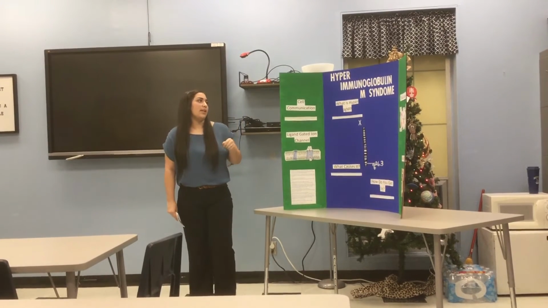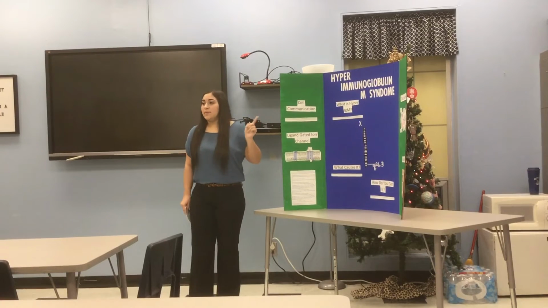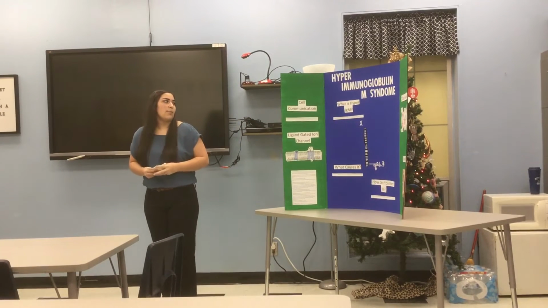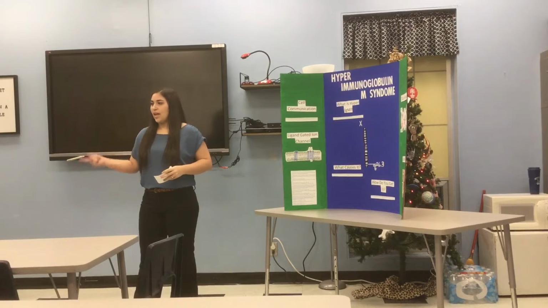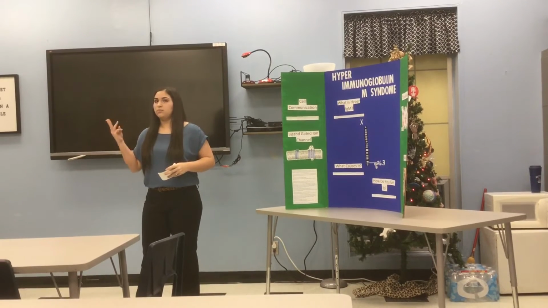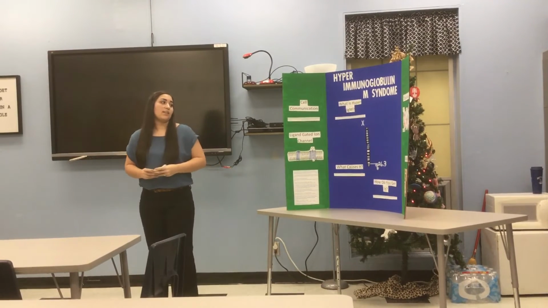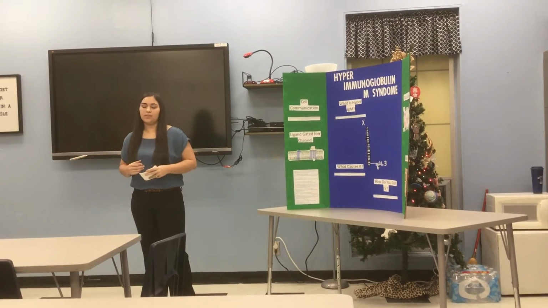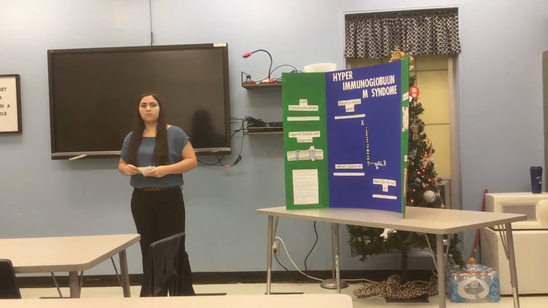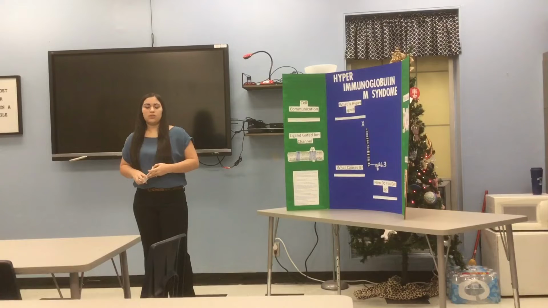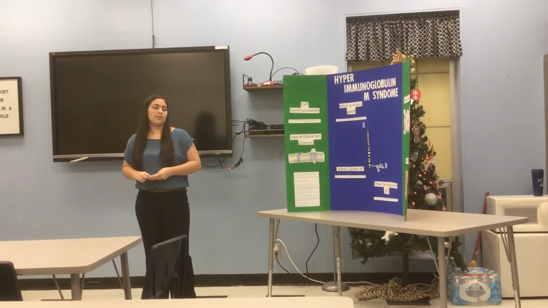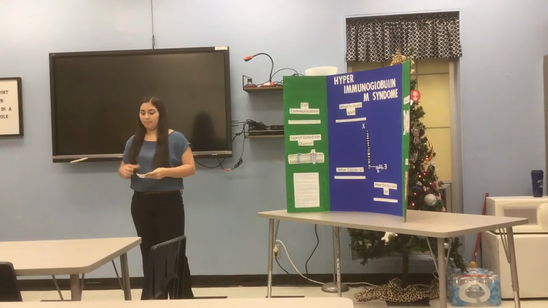So instead of producing immunoglobulins M and D, they start producing immunoglobulins A, E, and G. So that is why we have strong immune systems, and we can fight off a lot more bacteria and different kinds of infections than they can.